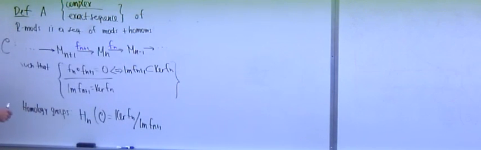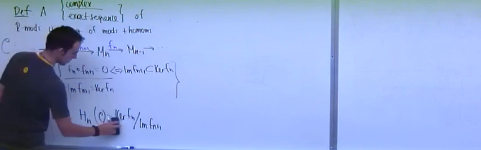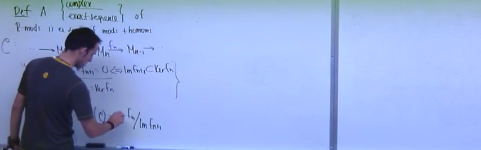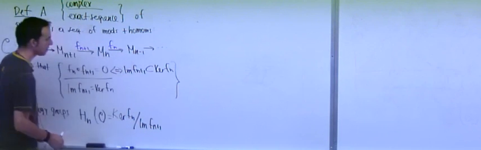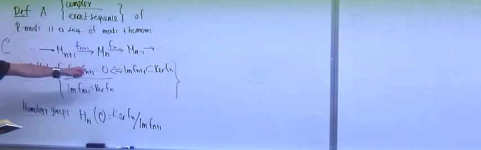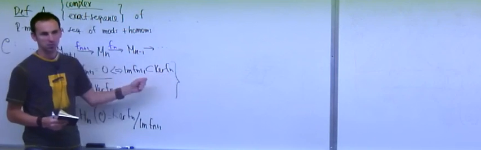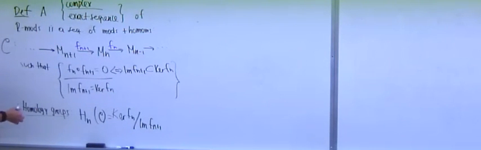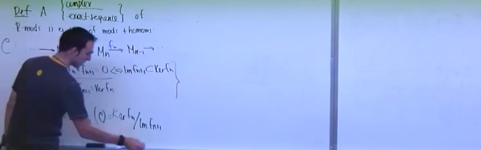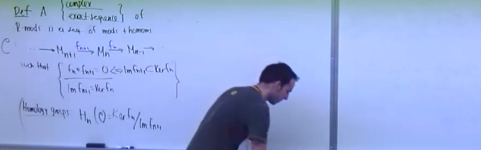Okay? But you see, to be able to define this, you need a complex so that you do have this containment and you can construct this quotient. Okay? This is a little bit of a parenthesis. We won't really need this right now.